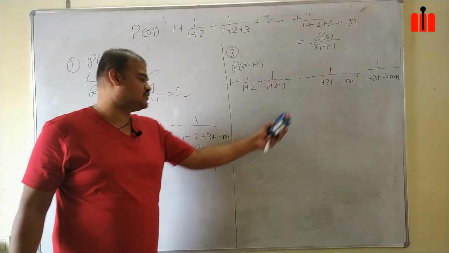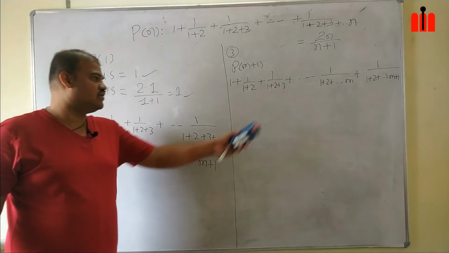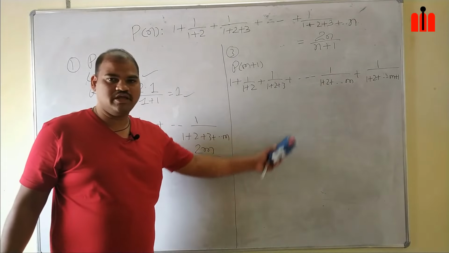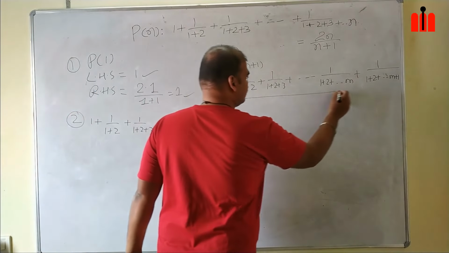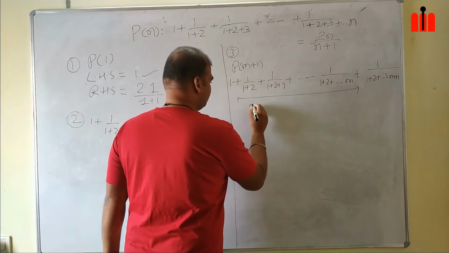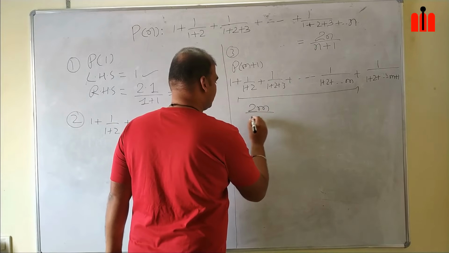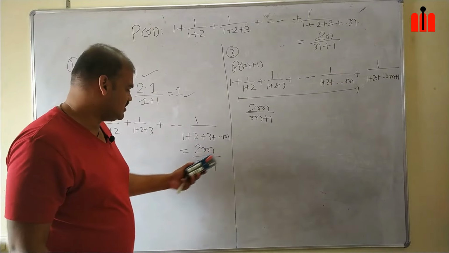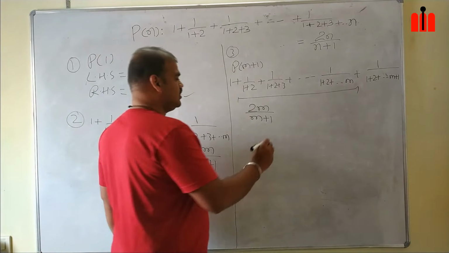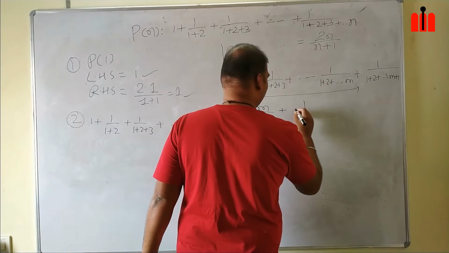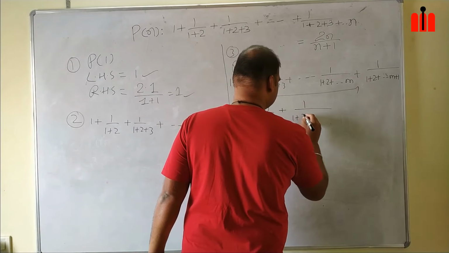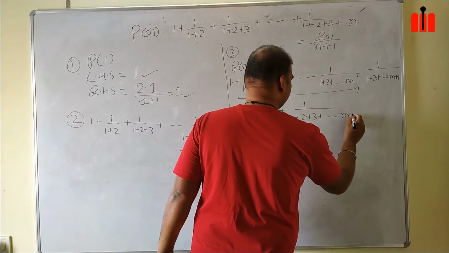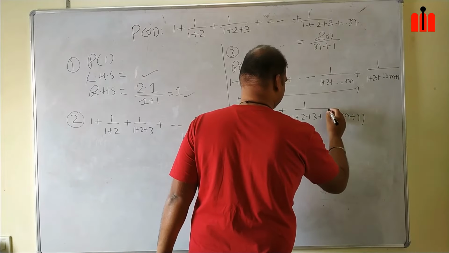Because I want to substitute my P(m) over there. So whatever is my P(m), I will substitute that value over here. So this entire value is substituted by 2m/(m+1), plus 1/(1+2+3+...+(m+1)). Okay.